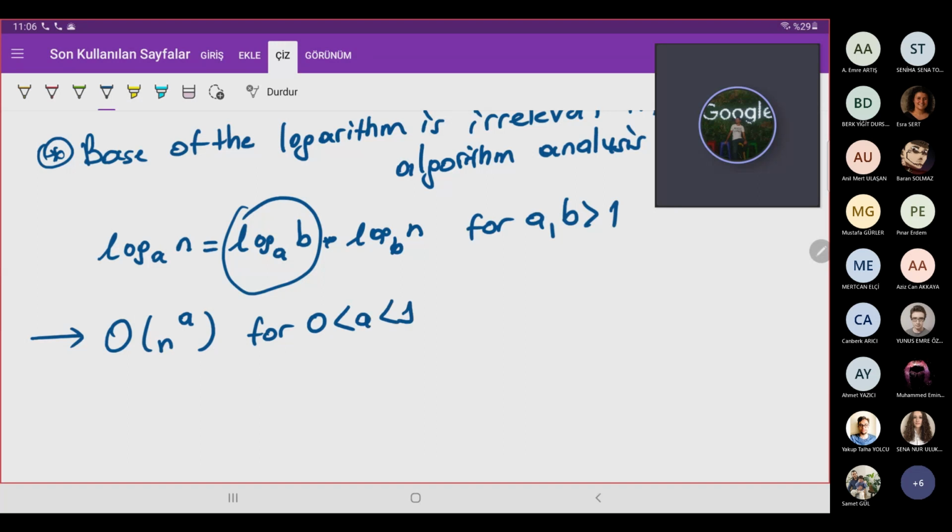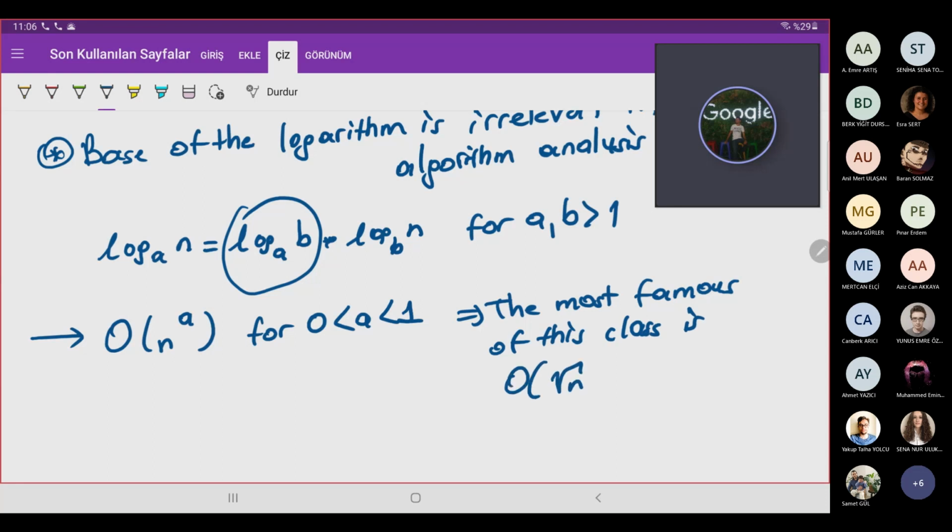It's not n squared. It could be n to the power 1 over 2, and the most famous of this class is big O of square root of n, which means n to the power 1 over 2.